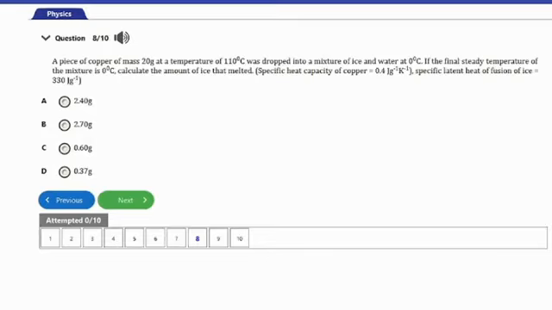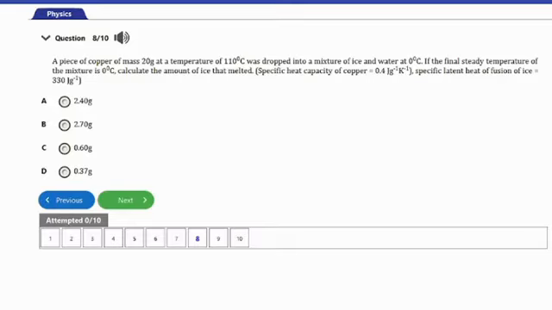So guys, the next question here, question number 8, says a piece of copper of mass 20 grams at a temperature of 110 degrees Celsius was dropped into a mixture of ice and water at 0 degrees Celsius. If the final steady temperature of the mixture is 0 degrees Celsius, calculate the amount of ice that melted. So let's take specific heat capacity of copper to be 0.4 joule per gram per Kelvin, and then the specific latent heat of fusion of ice to be 330 joule per gram.